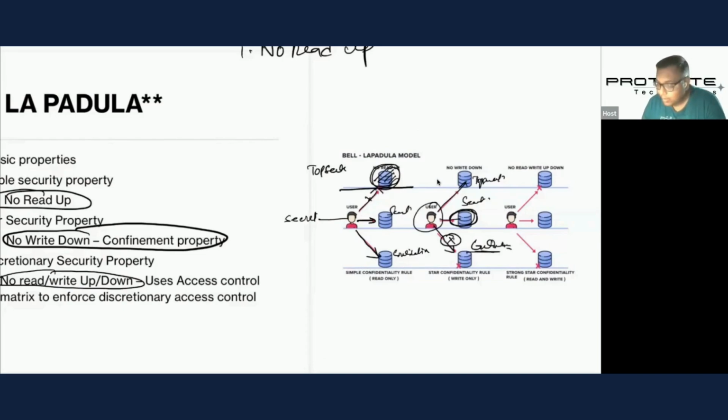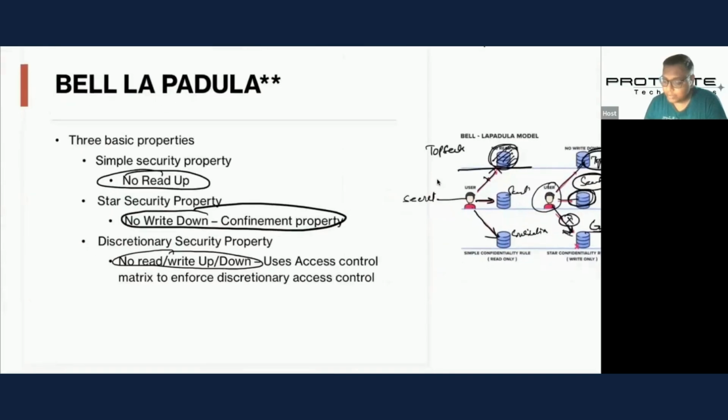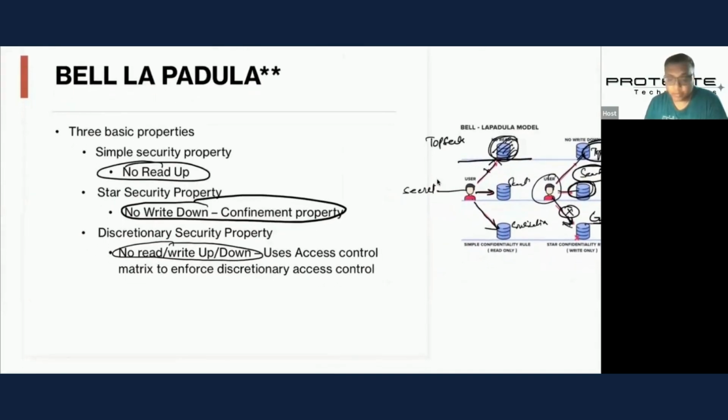Why? You are now aware of secret data and top secret data, and you by mistake or on purpose might write high classification data into a low classification. So you are not allowing that. That rule is called no write down.